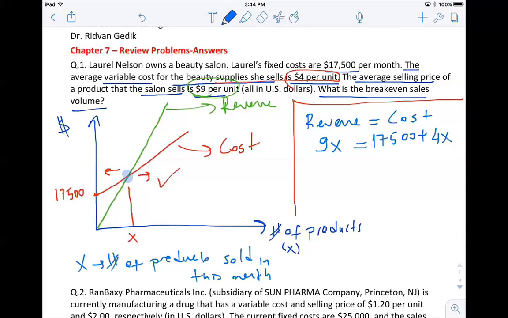If you rearrange terms and leave x alone, 5x is equal to 17,500, and x would be 3,500. So if we sell any number of products higher than 3,500, the company is expected to make profits. If the company is selling less than 3,500 products, then the company is definitely losing money.